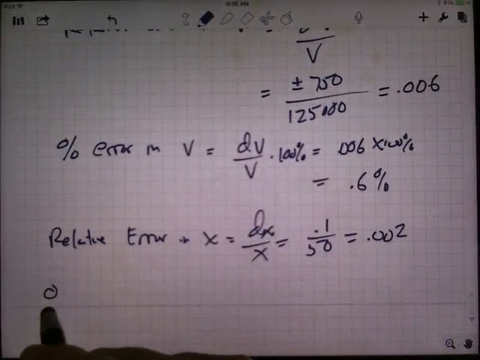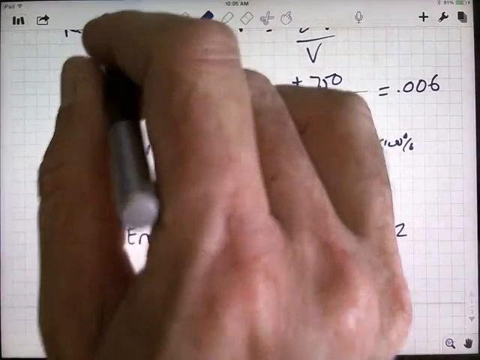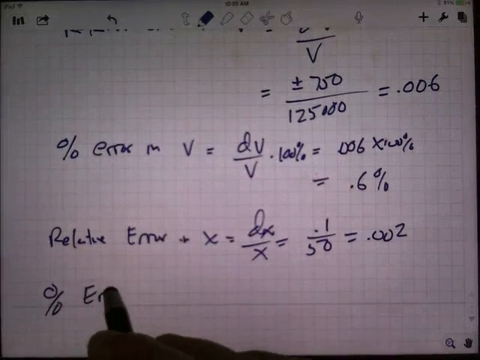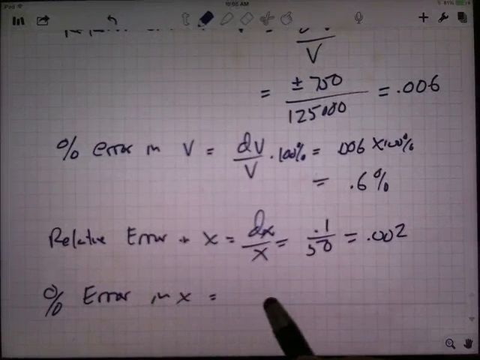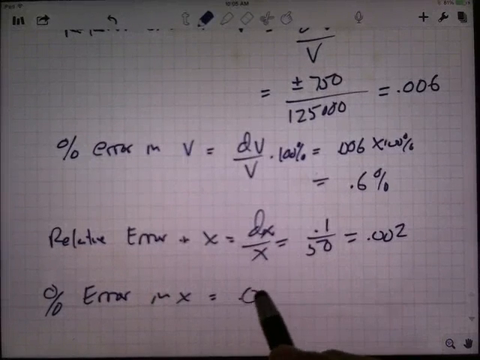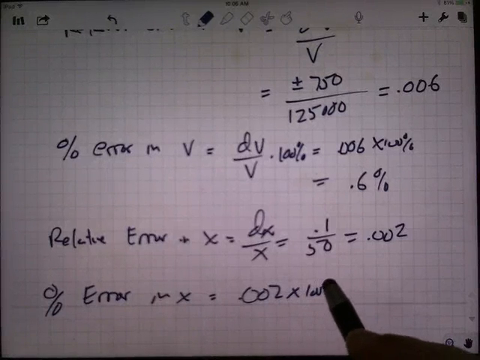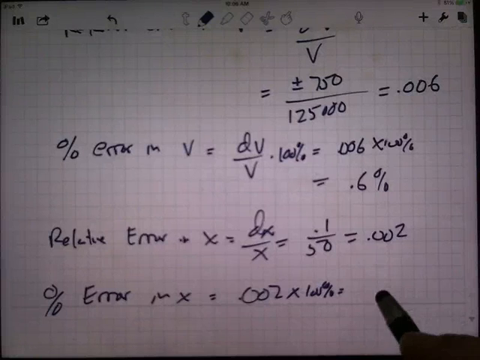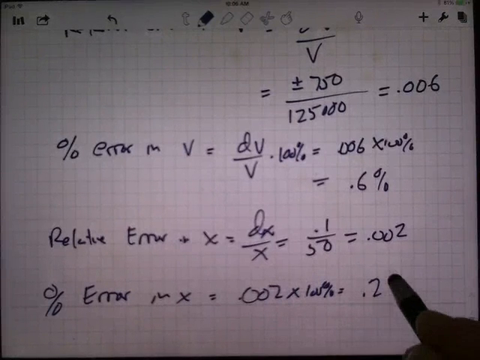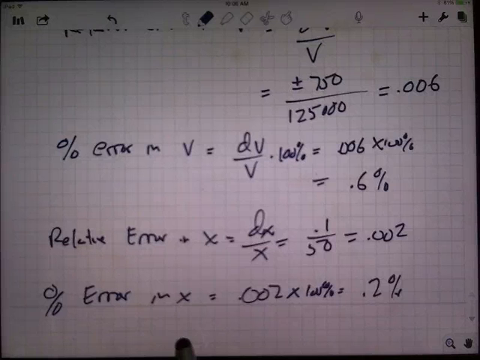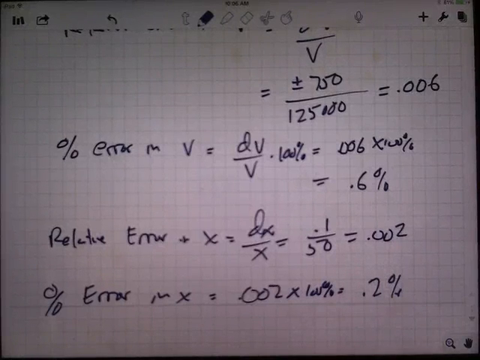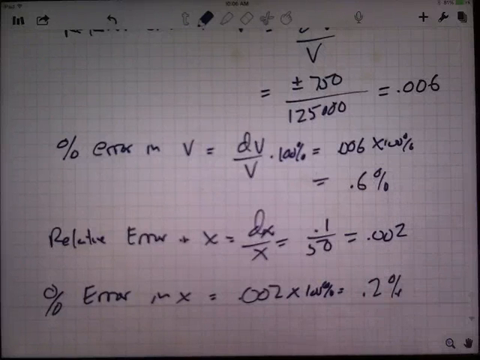So the percent error in x is that relative error, 0.002, times 100%. The 100 moves the decimal over and the percent stays on the end, so it's 0.2%. So for a 0.2% error in x, we ended up with a 0.6% error in the volume. That error gets propagated: error in x gives you an error in volume.